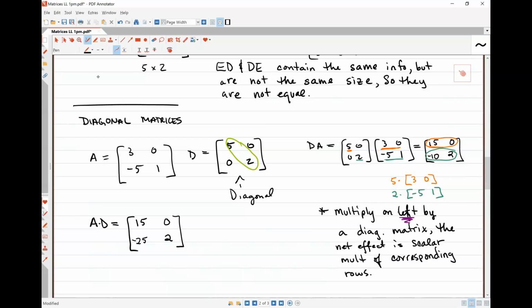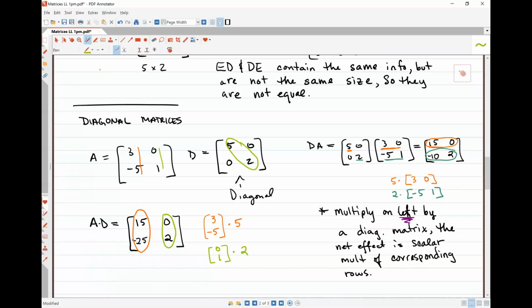Okay, so now in this case, what's happened is we take this column, the 3 and minus 5, and it's getting multiplied by 5. And if we look at the other column, this column is just getting multiplied by 2.